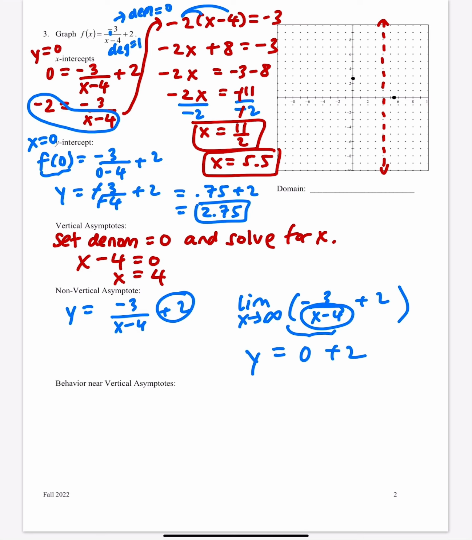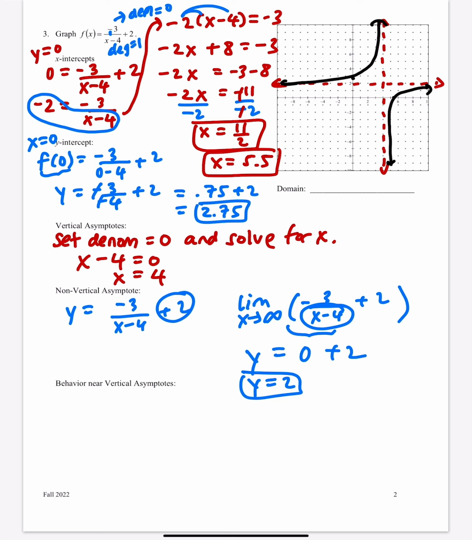Therefore, our horizontal asymptote should be y is equal to 2. There should be one horizontal asymptote at y is equal to 2. Right? So we know that this graph is going to look something like this.